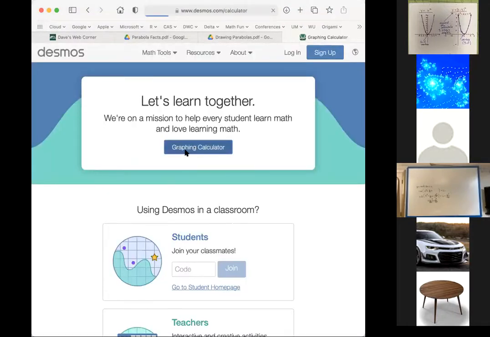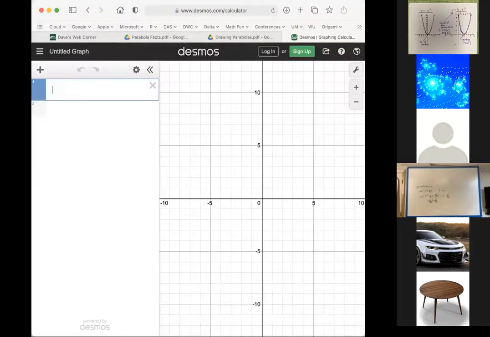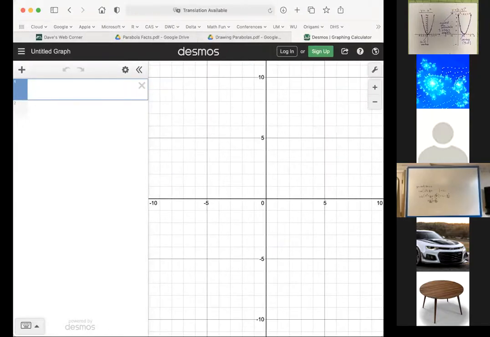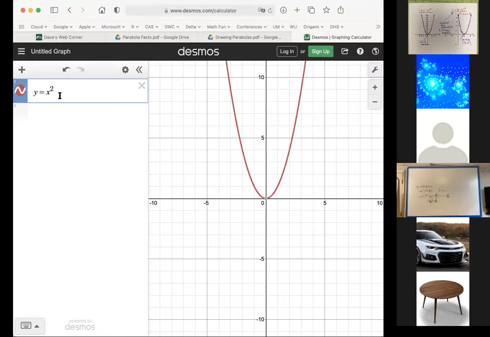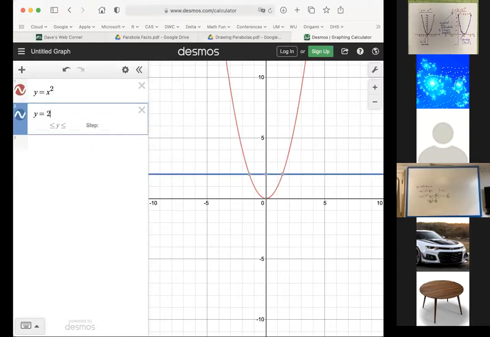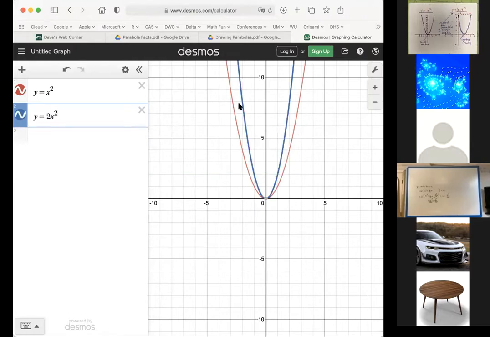So let's draw just some mellow parabolas right here, like y equals x squared. And then y equals 2x squared. And that looks like the drawing that I have here on the paper. Taller, thinner parabola. That's right.